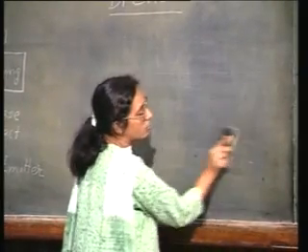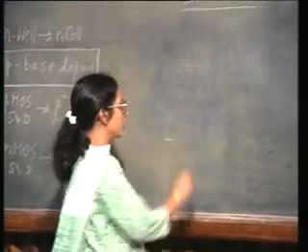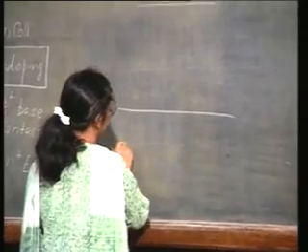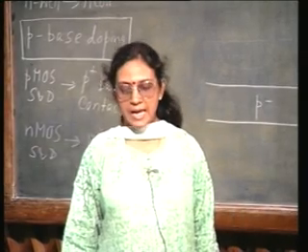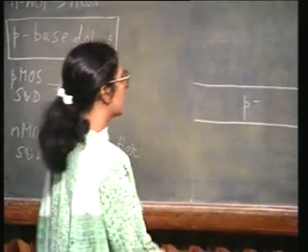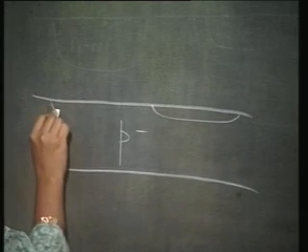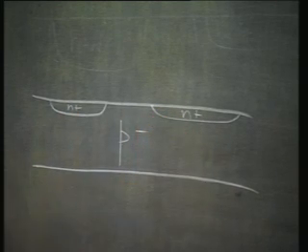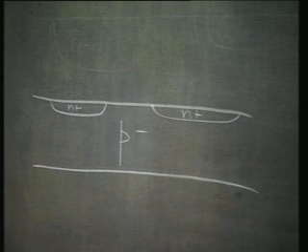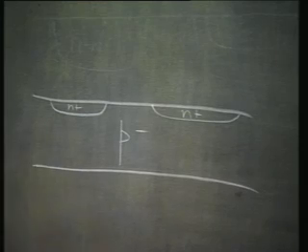So, in that case, we start with a lightly doped P type substrate. And we first have the N plus buried layers doped here, and next step we carry out an epitaxy, an N epitaxy.